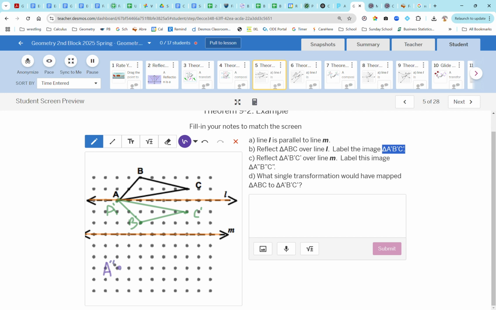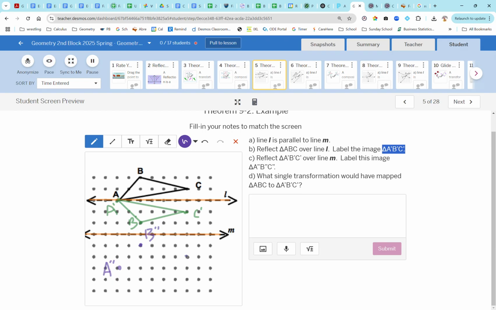Okay. Let's go ahead and do B. B is 1 above. B double prime will be 1 below. And then C, 1, 2 above.